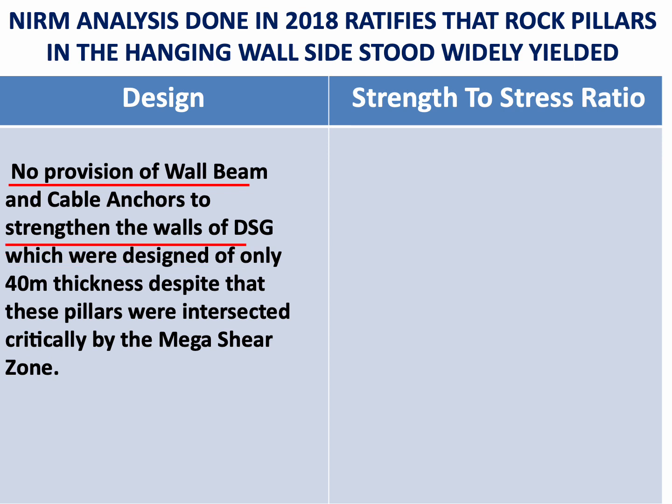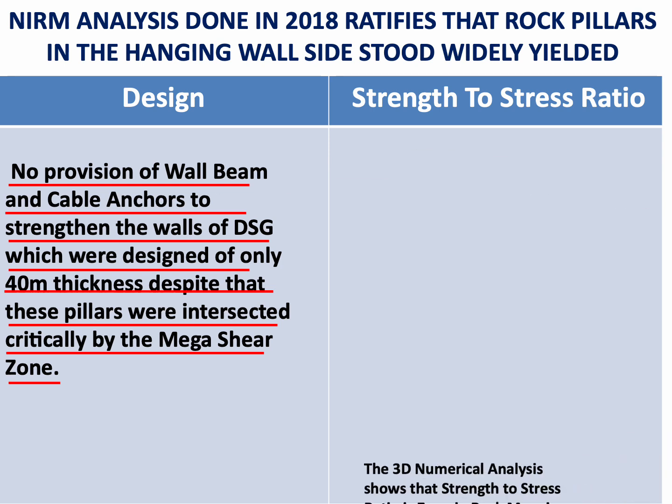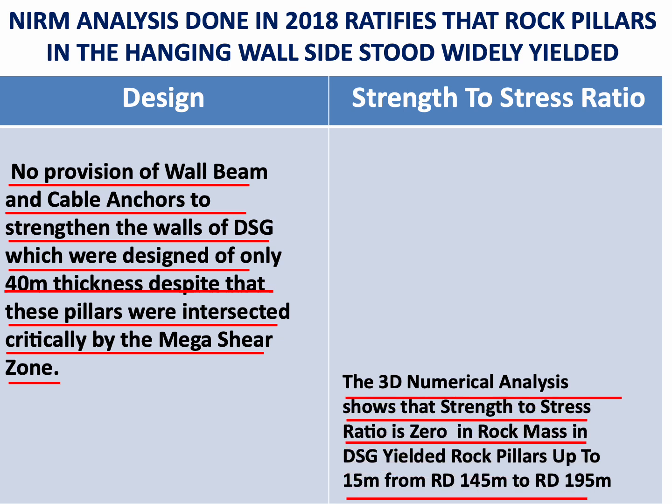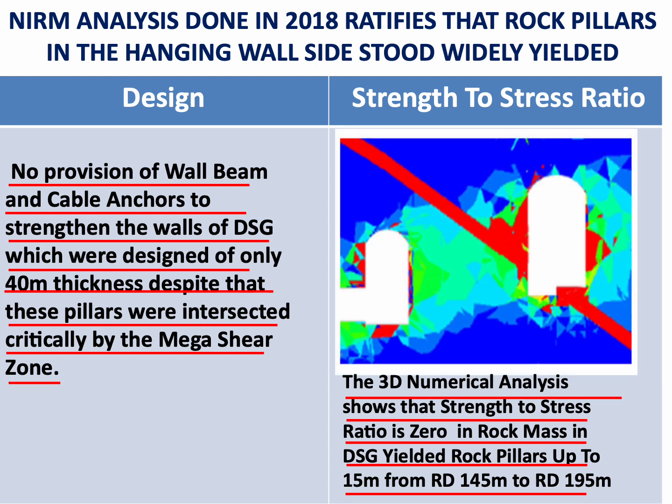The analysis shows that without the provision of wall beams and cable anchors, the insufficiently thick rock pillar intersected by the shear zone, dividing it into two pre-cracked blocks, the upstream rock pillar and the downstream wall of the Downstream Surge Gallery between RD 145 meter to RD 195 meter, stood extensively yielded up to a depth of 15 meter into their thickness, with the strength to stress ratio of 0 in the yielded reaches.